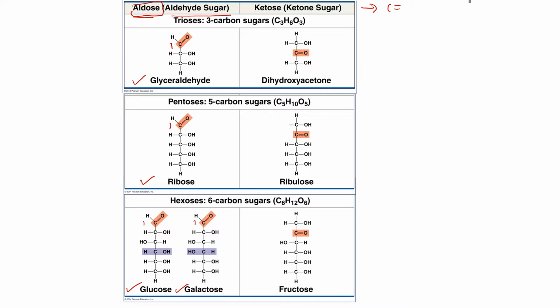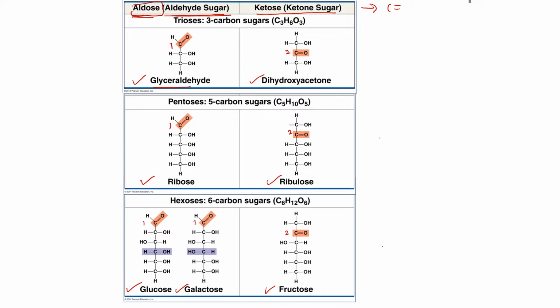So these are monosaccharides where the carbonyl group is located at carbon number 1: aldoses, or aldehyde sugars. And then the other group is ketose or ketone sugar, where the carbonyl group is located in the middle of the molecule, usually at carbon number 2. These are ketose sugars, for example dihydroxyacetone, ribulose and fructose.